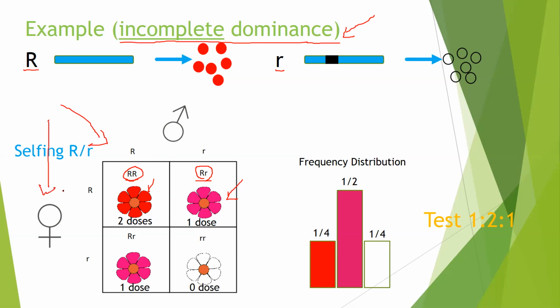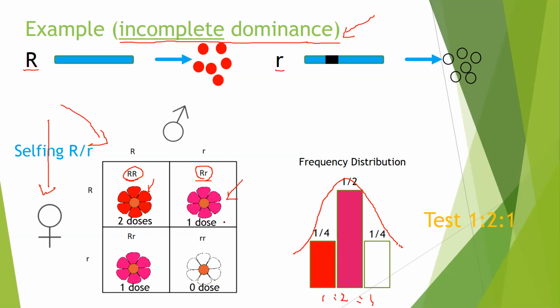This is the monohybrid cross, and the distribution of the phenotypic categories, the phenotypic ratio, will look like this: 1, 2, 1.